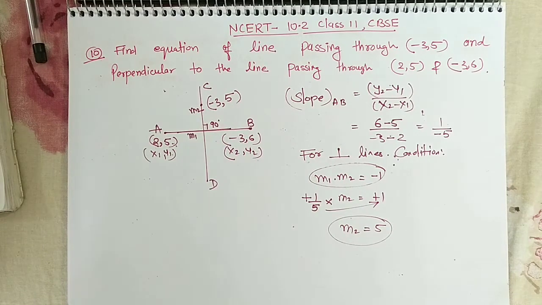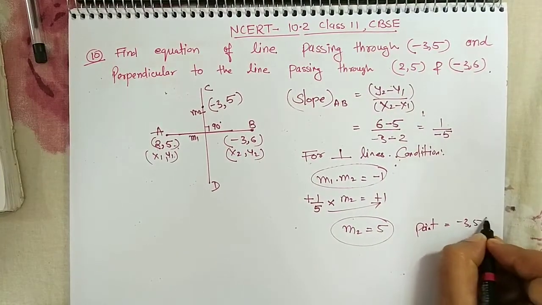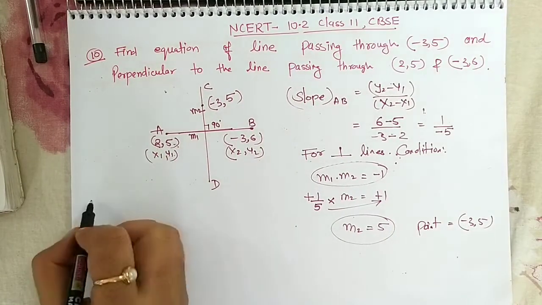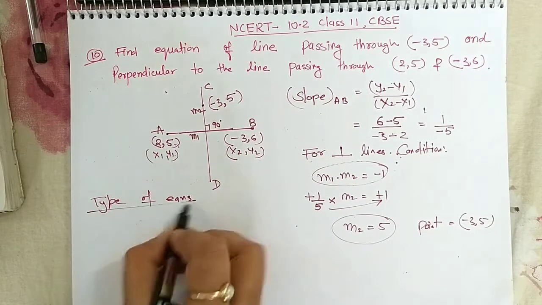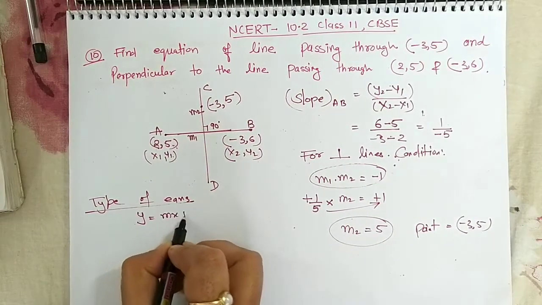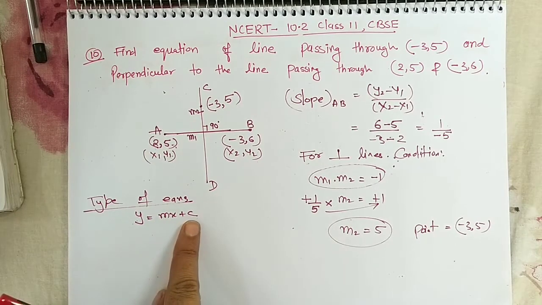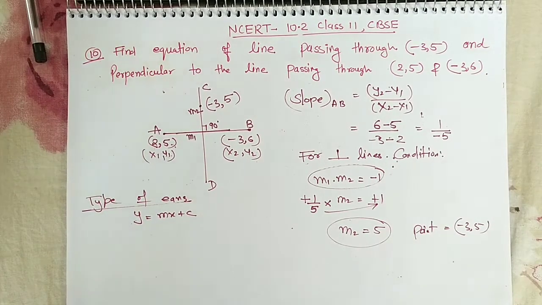Understood? So one point is given, which is -3, 5. So two pieces of information are given. What types of equations do we have? If you remember, one type is y is equal to mx plus c. In this equation we should know the intercept and the slope.